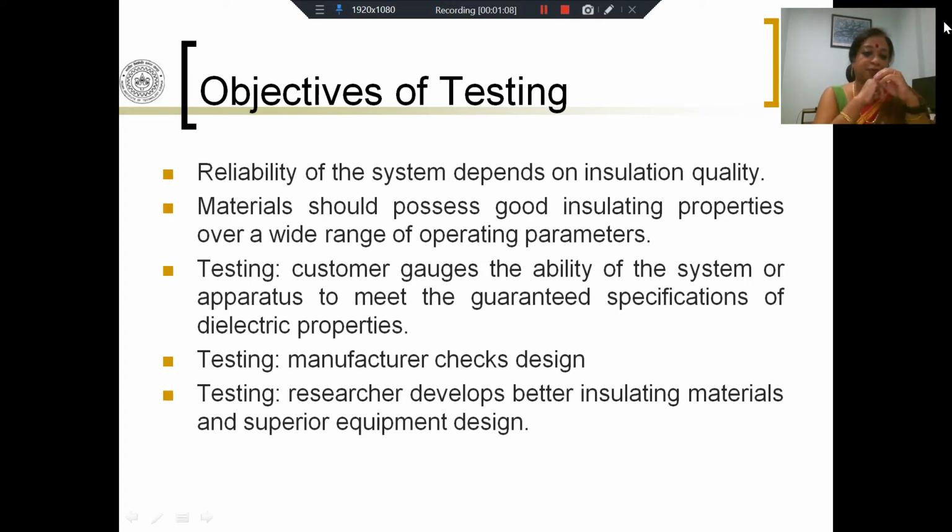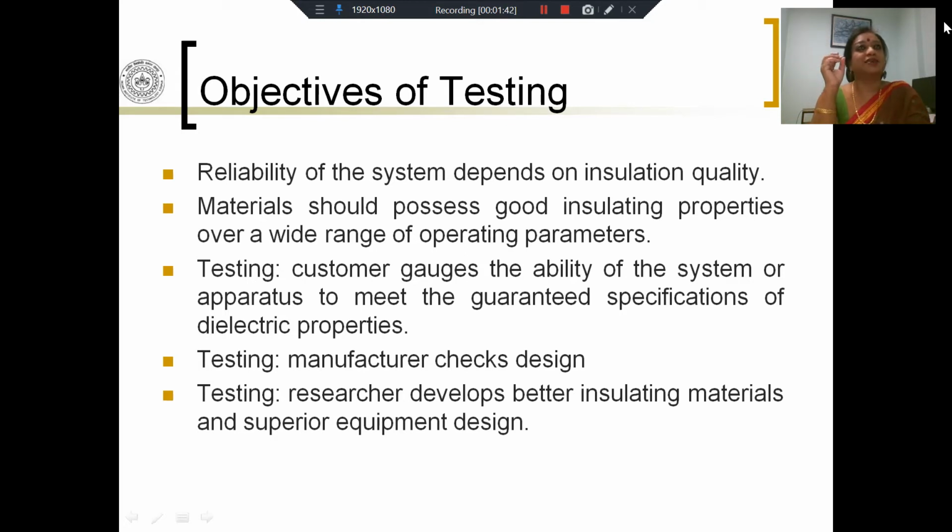Testing can have three purposes depending on when you are doing the testing. Suppose you are a customer and you are going to buy an expensive equipment. Testing is the only way in which the customer can gauge the ability of the system or apparatus to meet the guaranteed specification of the dielectric properties. Now remember, we have discussed at length in insulation coordination that when we set the design insulation level, we are not looking at zero failure.